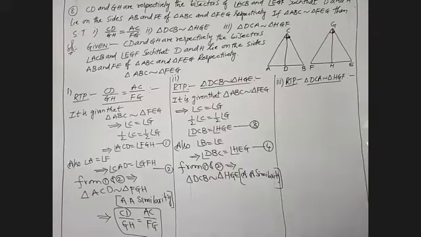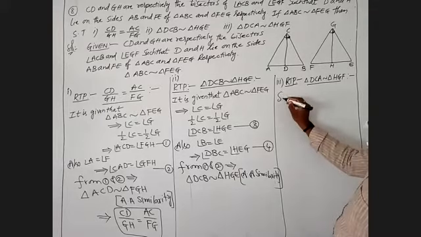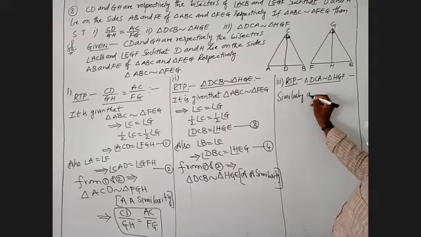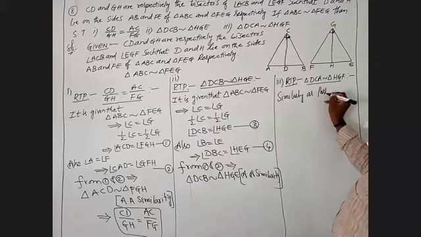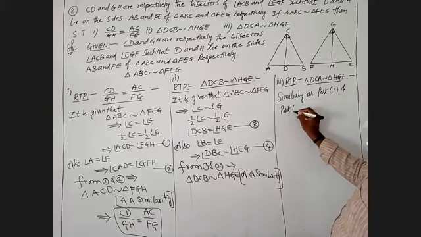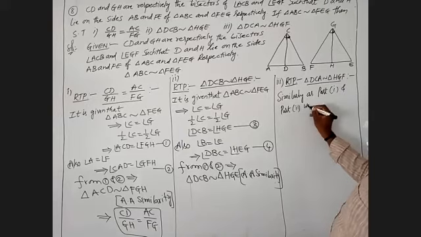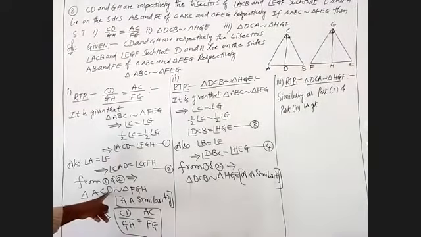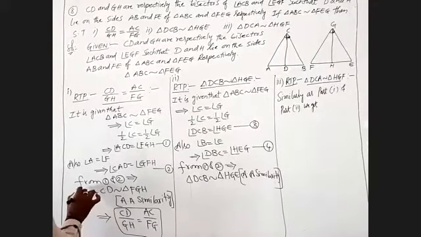Similarly, we will get part 1 and part 2. Part 1, what do I have to write? Triangle ACD is similar to triangle FGH.